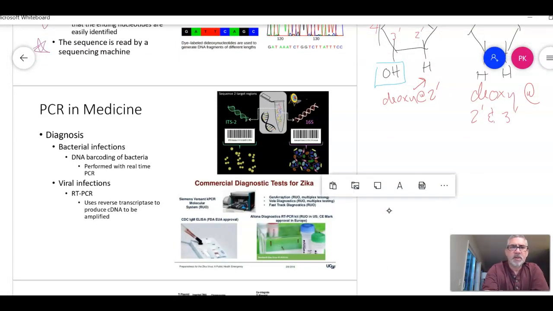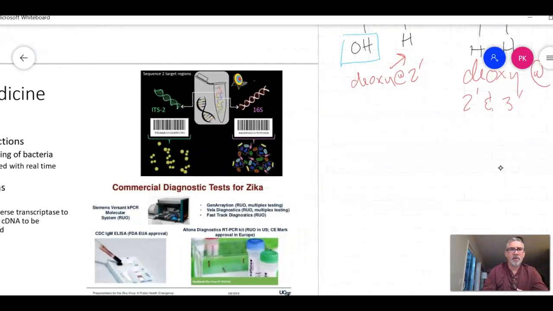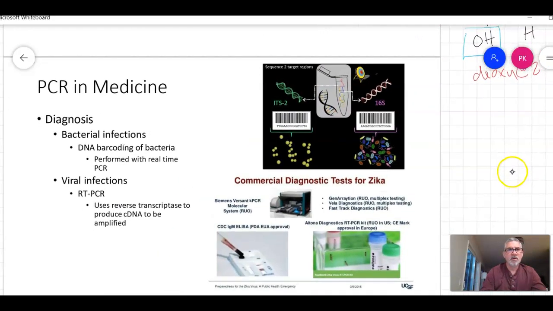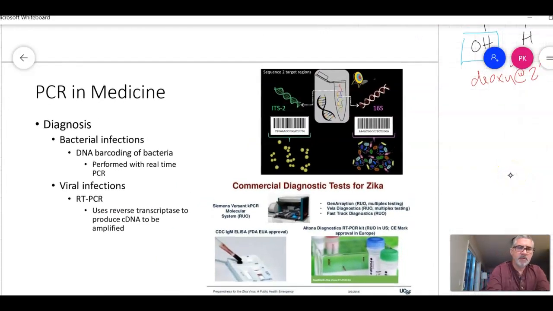And we already talked about these. So we can use it for bacterial infections. We can do DNA barcoding, right? So both of these take advantage of qPCR, remember, or real-time PCR.